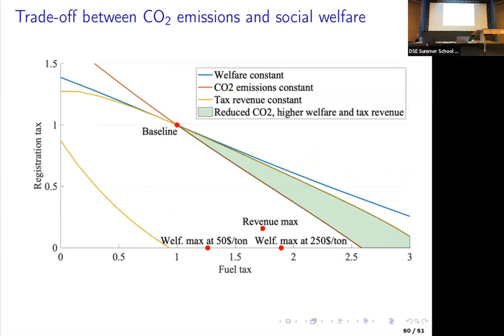It turns out that if you change taxes within this green area, this green sleeve from the baseline, you increase tax revenue, increase social welfare, and decrease CO2 emissions. So a structural model like that, estimated on real data, allows you to draw these policy maps, which sometimes reveal that there's a really nice direction in the change of taxes. And these other dots here would be the optimal policies according to different criteria.